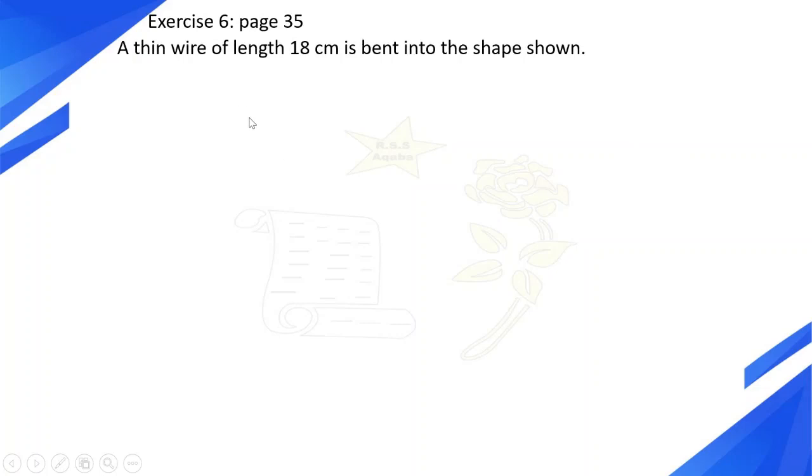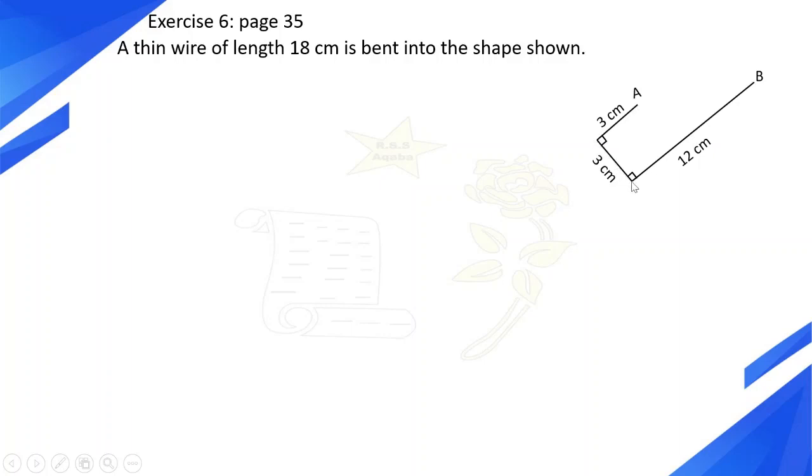Okay, exercise 6. A thin wire of length 18 centimeters is bent into the shape shown. This is the wire. From A to this point, the length is 3 centimeters.